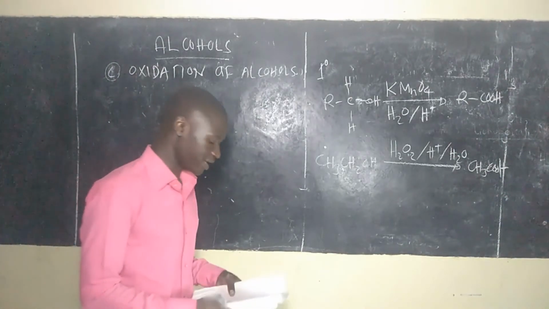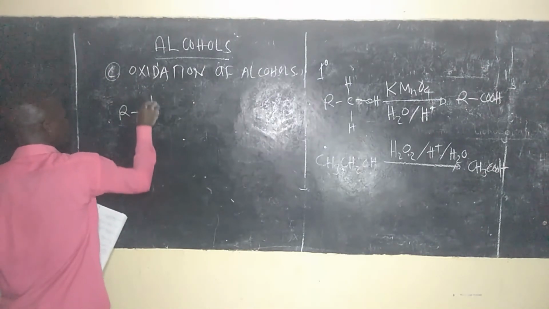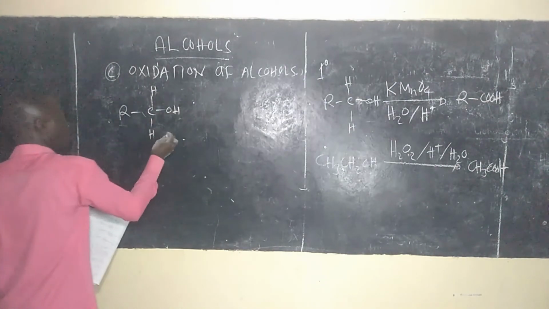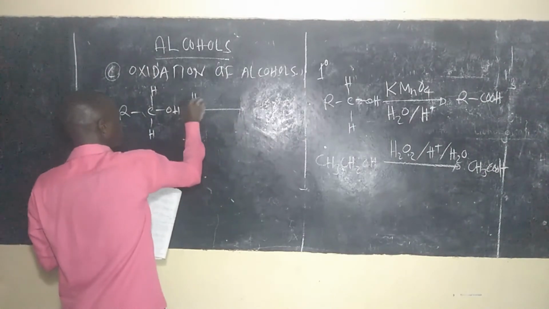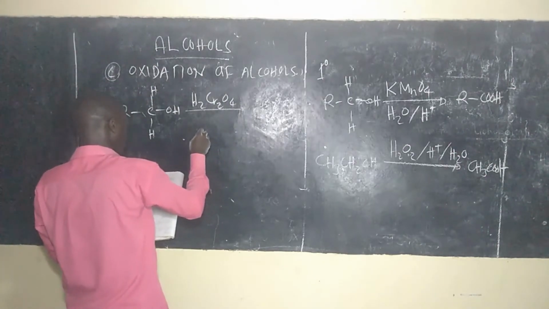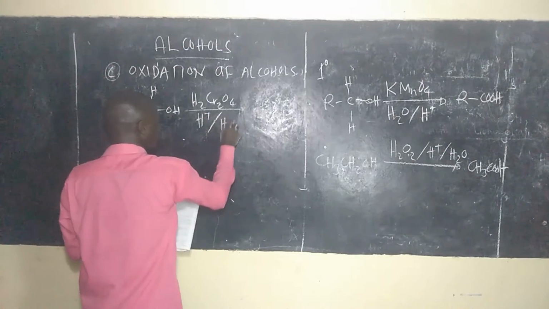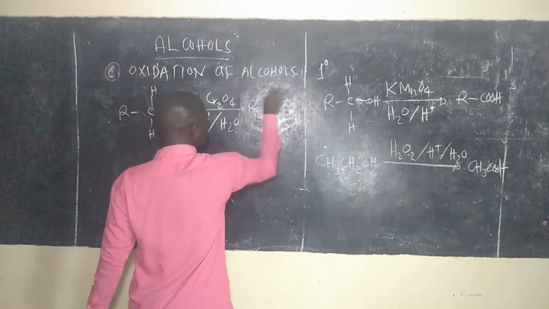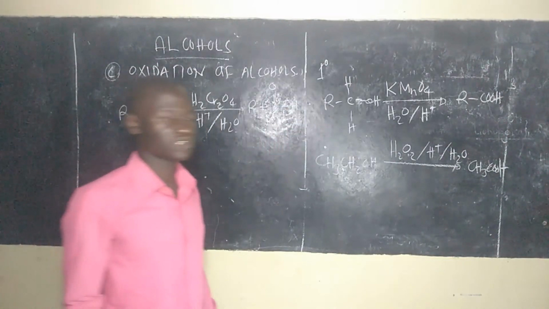So to form aldehyde, for example, tukiwa tuna R, C, hydrogen, hydroxyl H, then to come treat now weak oxidizing agents such as H2Cr2O4, then in the presence of acidic medium and water, tutakuja kupata R, C-O, hydrogen. And aldehyde is formed.